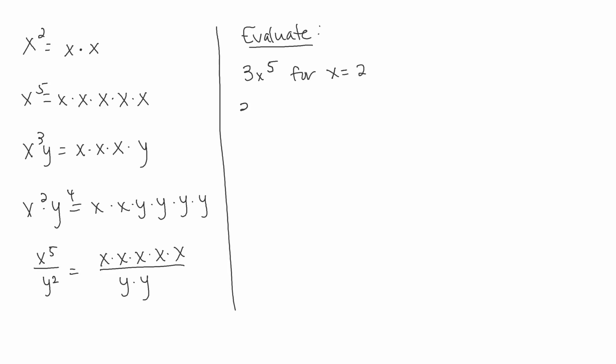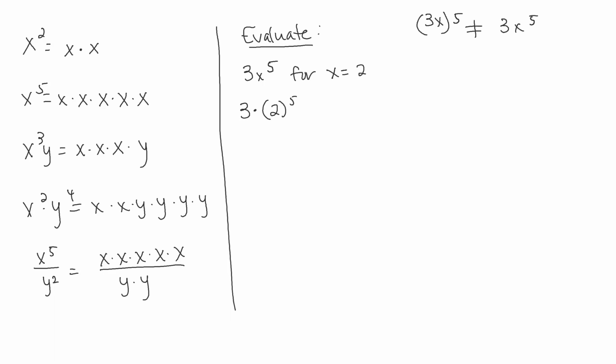So we want to think of this as 3 times x, which is 2 to the 5th power. Now, this exponent of 5 is only applied to the x, okay? So I want you to understand that (3x) to the 5th does not equal 3x to the 5th, okay?